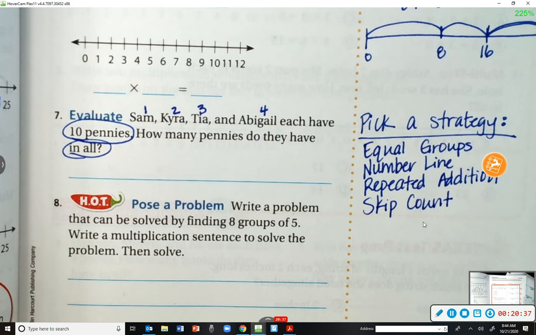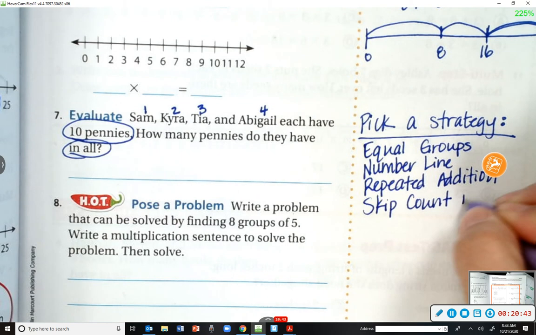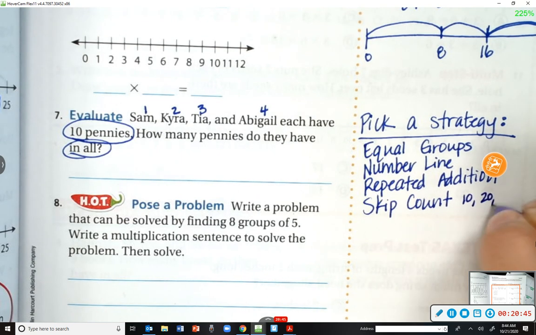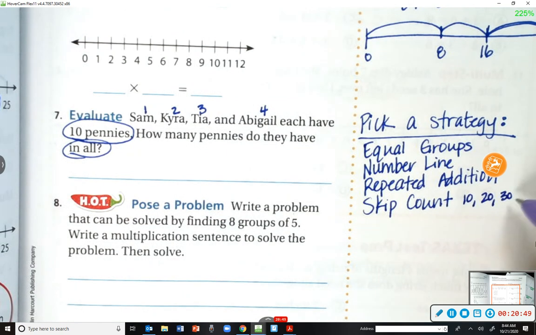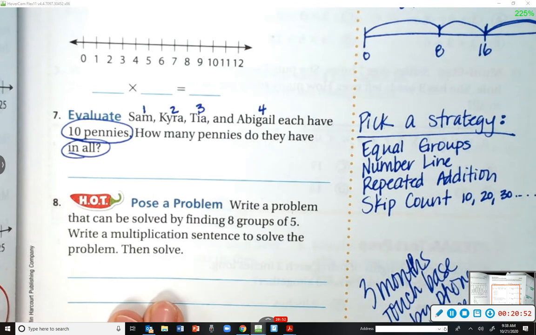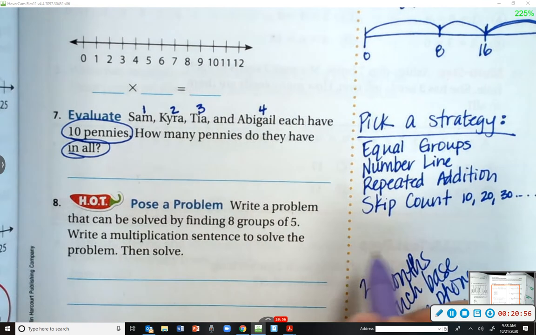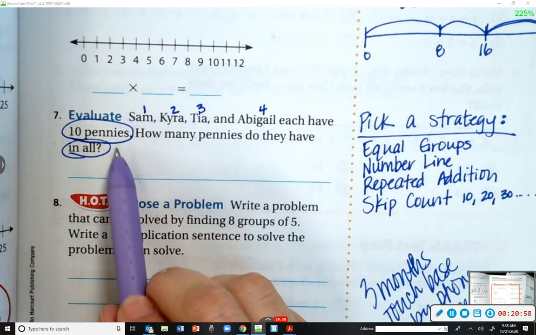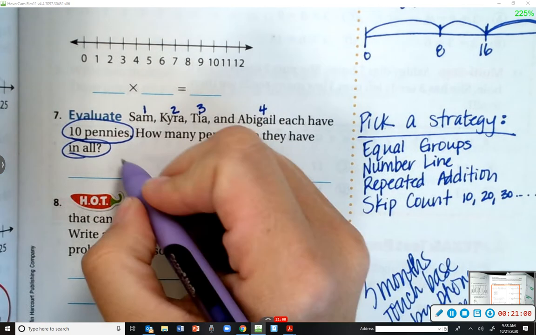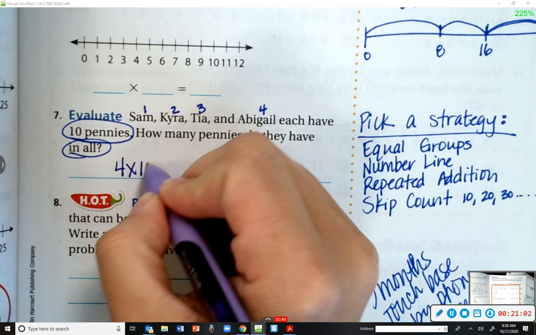You may be wondering, well, how do I show skip counting? Write down exactly what you're saying in your head. If you're saying 10, 20, 30, that's what you need to write down. Okay, so on this one, if we had done 4 groups of 10, would be 4 times 10.